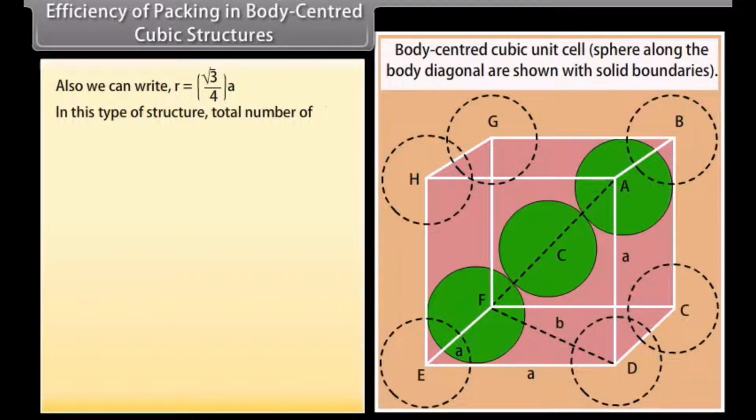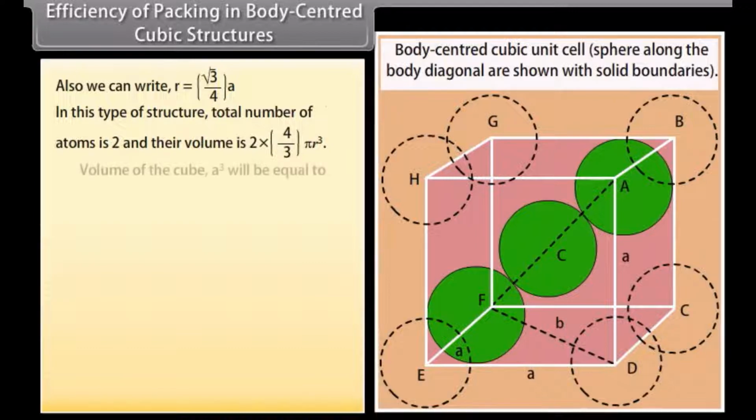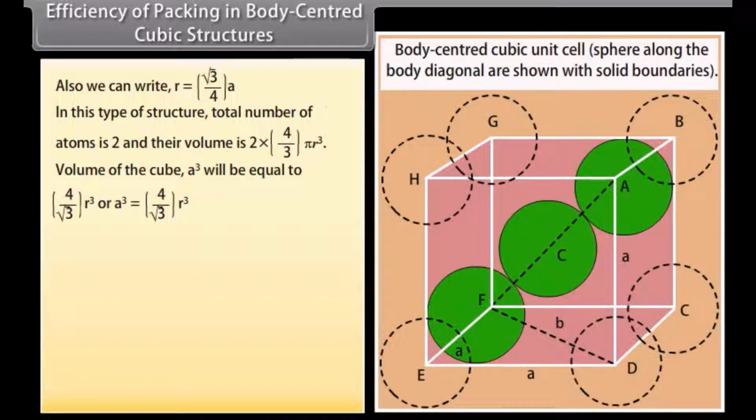In this type of structure, the total number of atoms is 2 and their volume is 2 into 4/3 πr cubed. Volume of the cube, a cubed, will be equal to (4 upon square root 3 r) cubed.